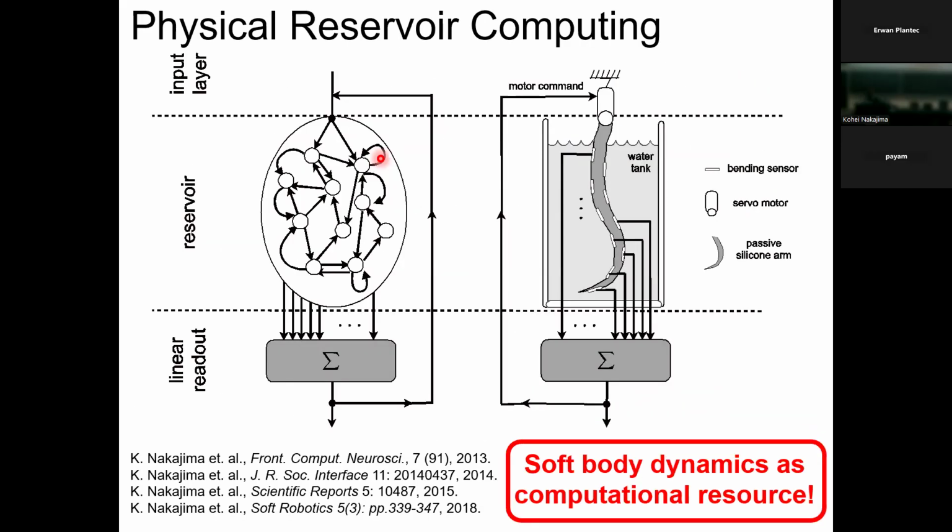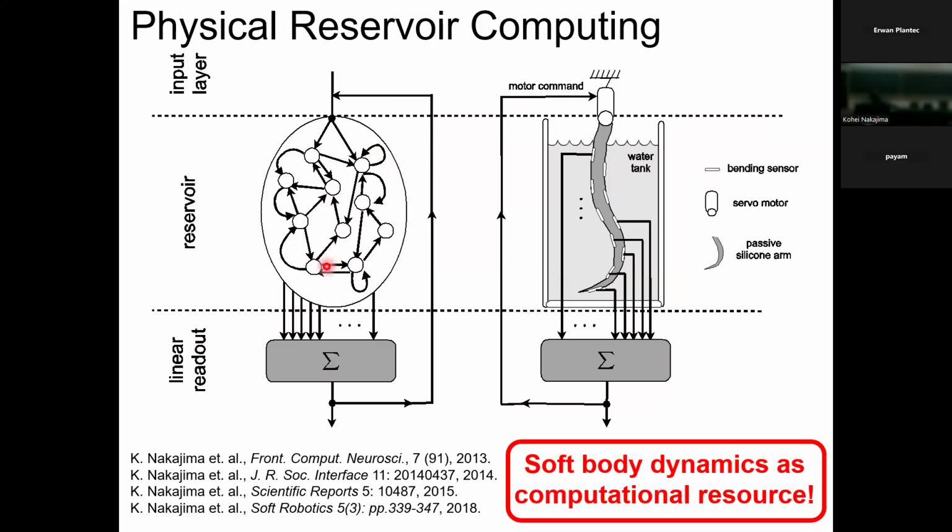So the left-hand side is the conventional random recurrent neural network, the echo state network, the reservoir computer. And just like the conventional echo state network, we inject input to this physical system as a motor. For example, in this case, a soft robotic arm, just like we saw in the first slide.